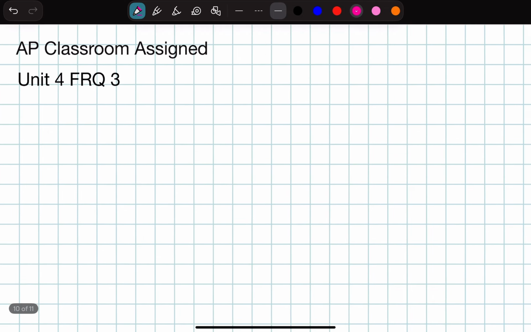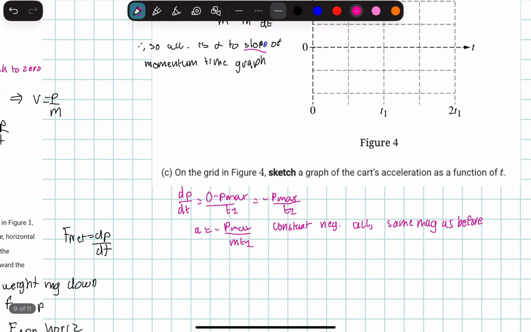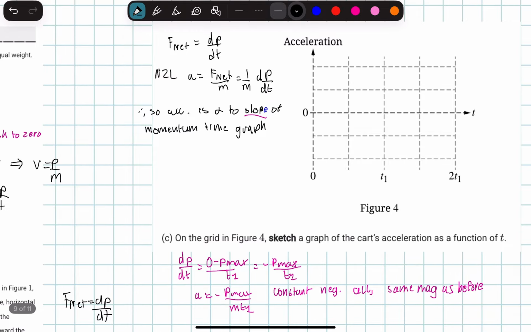So this is going to be a constant negative acceleration, but it's going to have the same magnitude as before. So what is the acceleration graph going to look like that we have to draw?